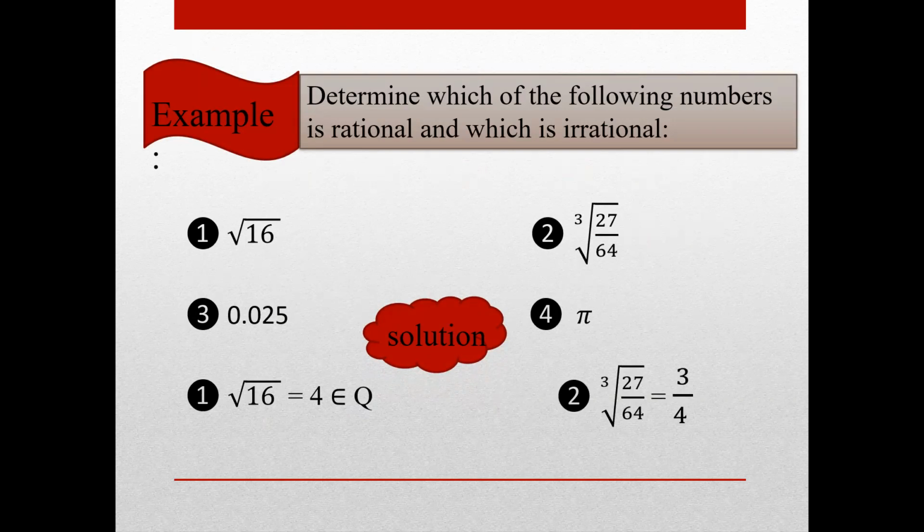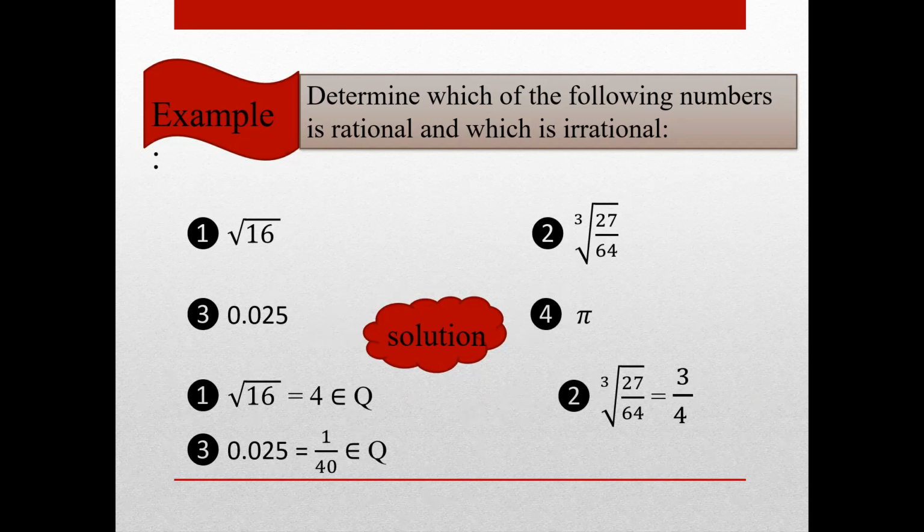The cube root of 27 over 64. We know that 27 is a perfect cube, it comes from 3 multiplied by itself 3 times. So the cube root of 27 is 3. And also 64 is a perfect cube, it comes from 4 multiplied by itself 3 times. So the cube root of 64 is 4. What about 0.025?